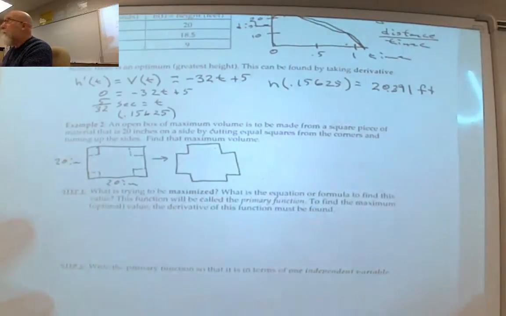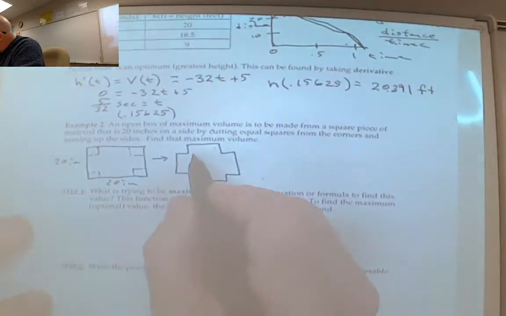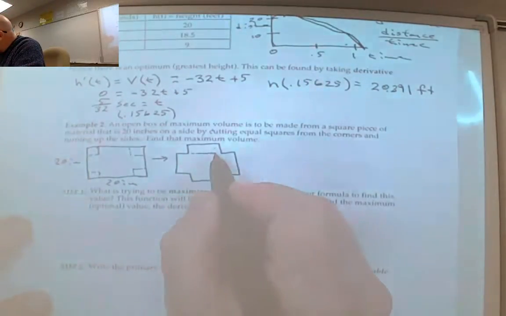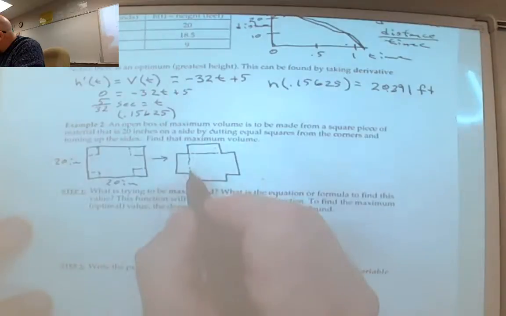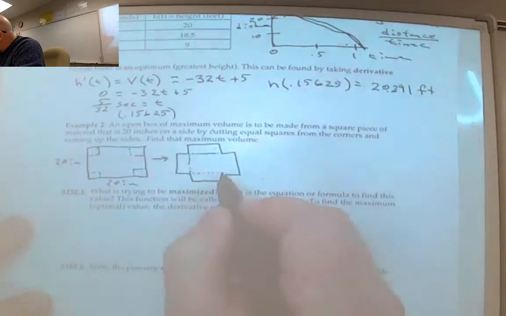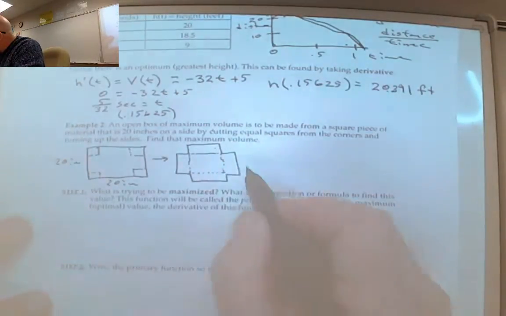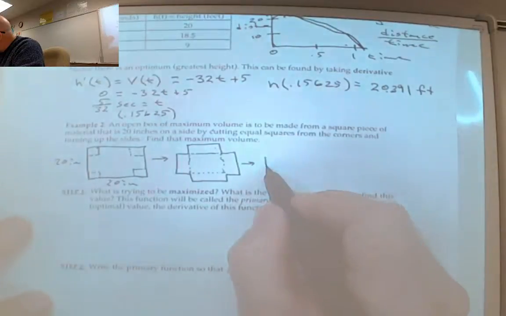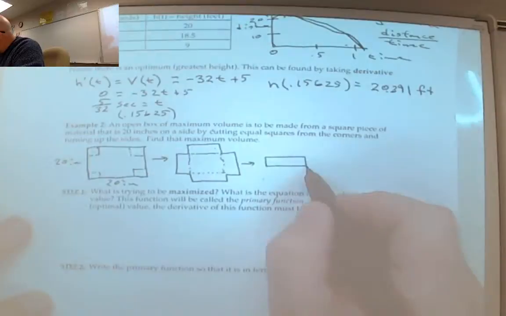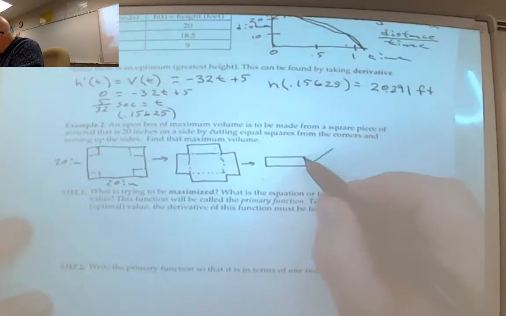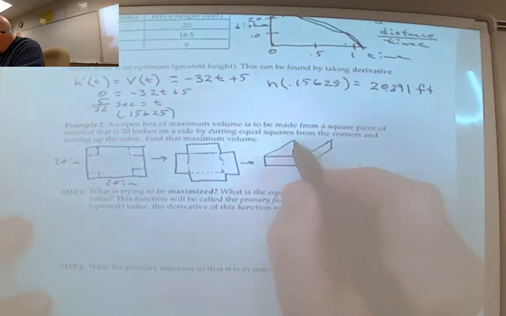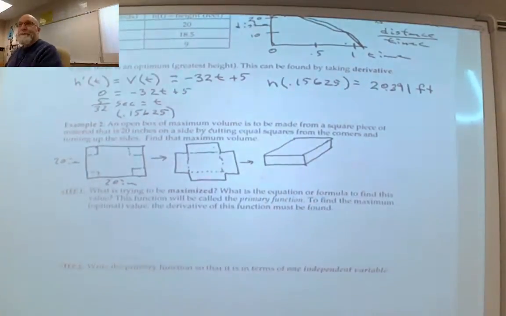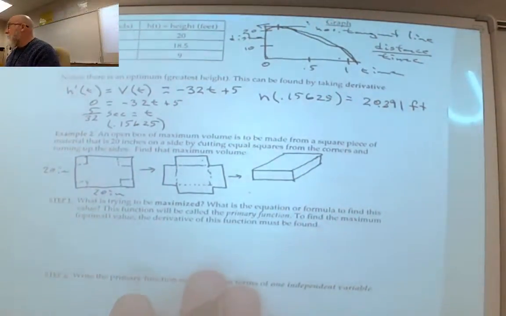It would look like that with them gone. Does that make sense? And then we had a thing that would bend it up. And so we would bend it along here. And we would get a three-dimensional shape that would look like that. It would look like a tray.